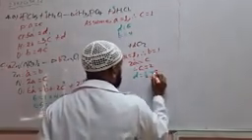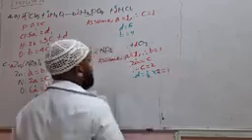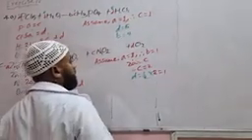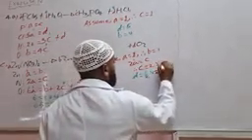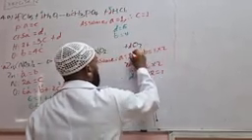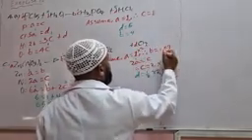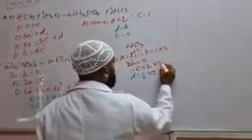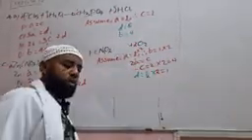2 times 1 means 2. 2 over 2 means 1. All the values must be multiplied by 2. Here C must be multiplied by 2, B also must be multiplied by 2, and this one also must be multiplied by 2. Therefore, A becomes 2, B becomes 2, C becomes 4, D is 1.